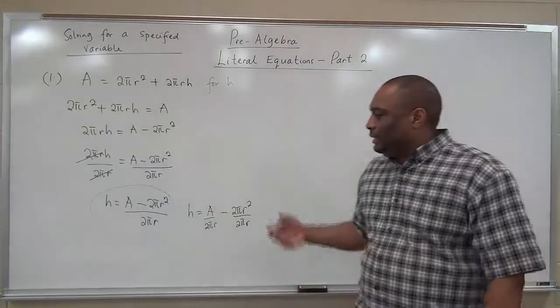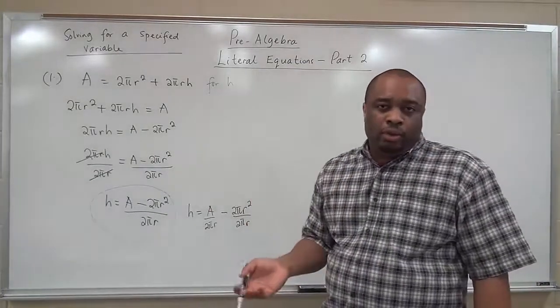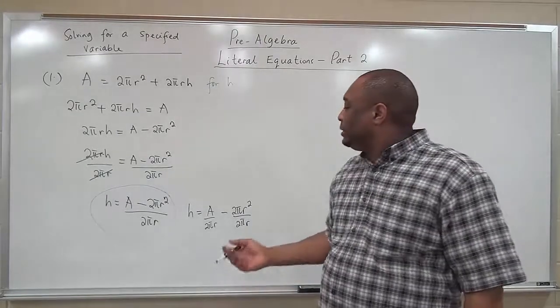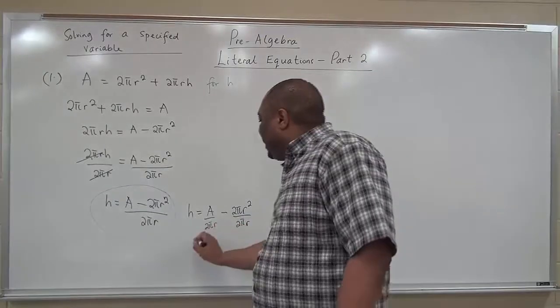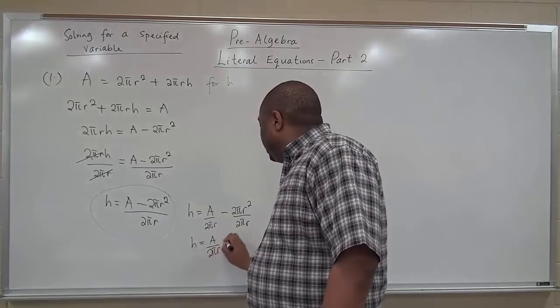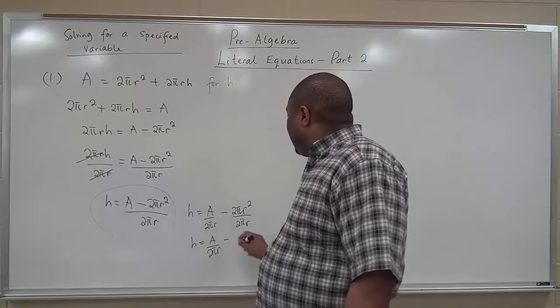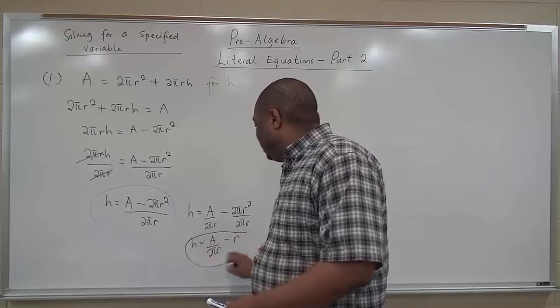Some students will do it like this, and it all depends on what your instructor or professor wants. It's up to you anyway. If you divide this, you now have only r. And this is still correct.